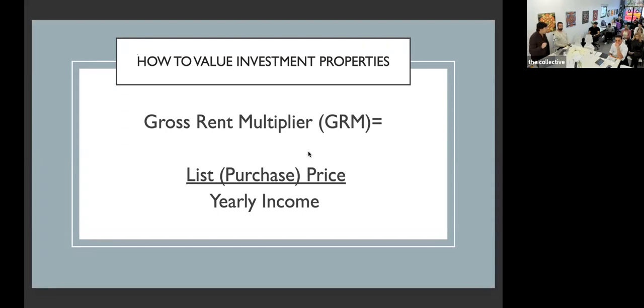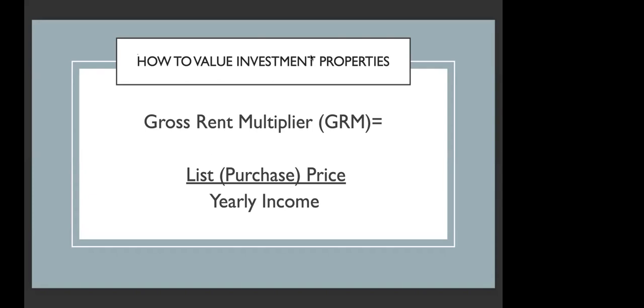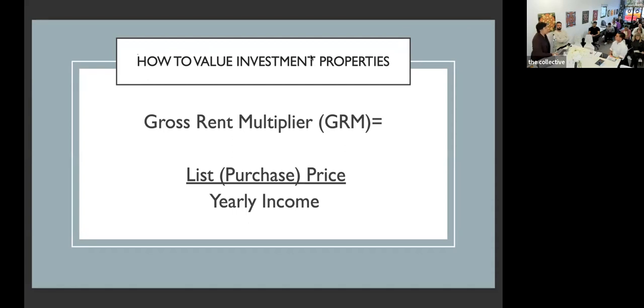The formula, which you have on your cheat sheet, is the price of the property, the list price, what they're asking for, divided by the yearly income, the annual income. This is important. Not the monthly income, but the yearly income that the property earns.